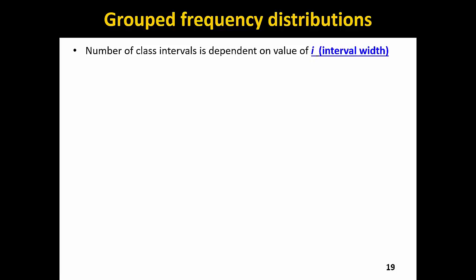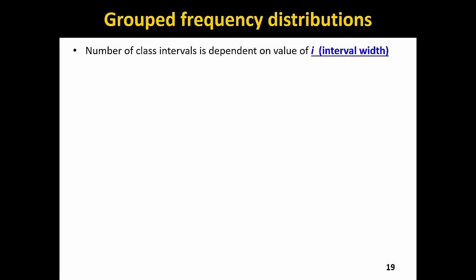In this video, we're going to work through our first example of how to generate a grouped frequency distribution. As we start, let's remember that how many intervals we have is going to be dependent on our first step in determining I, the width of the interval.